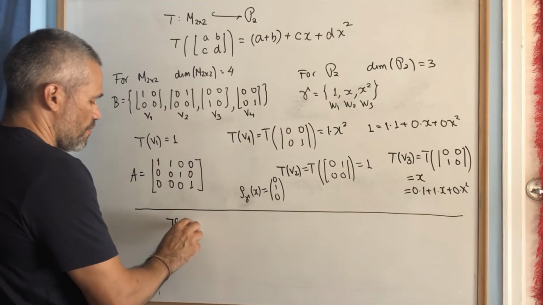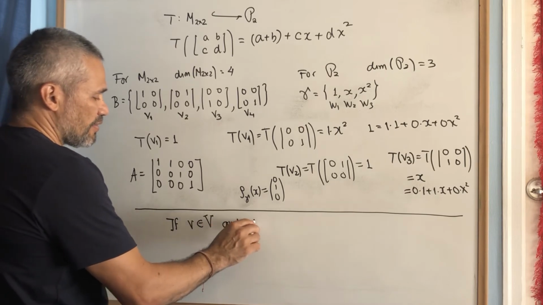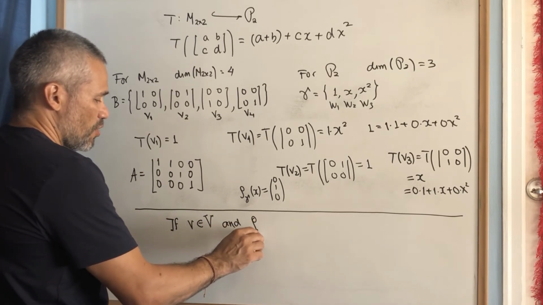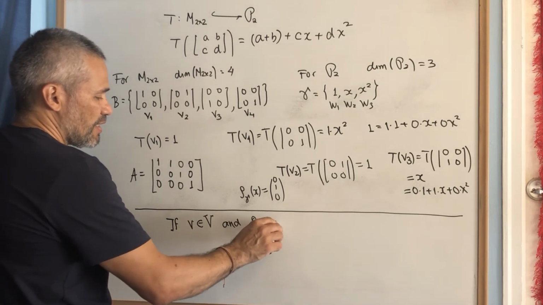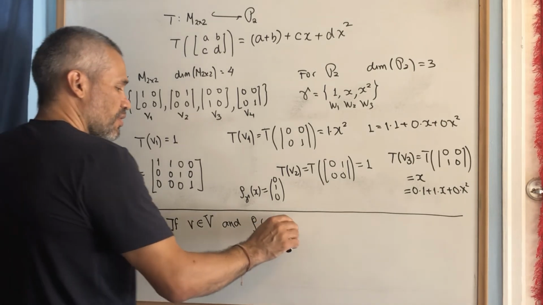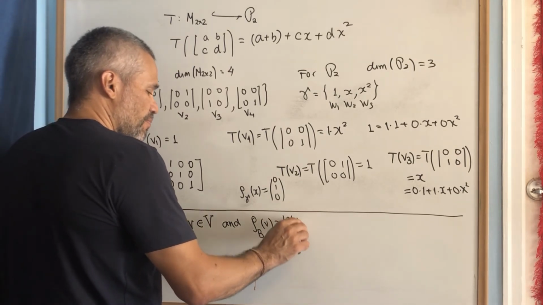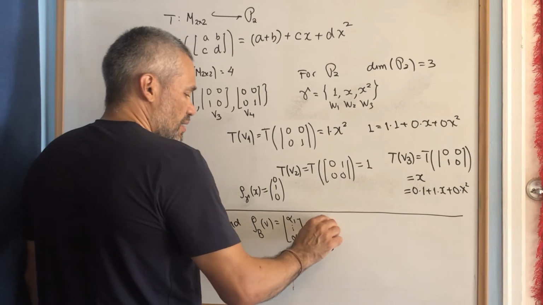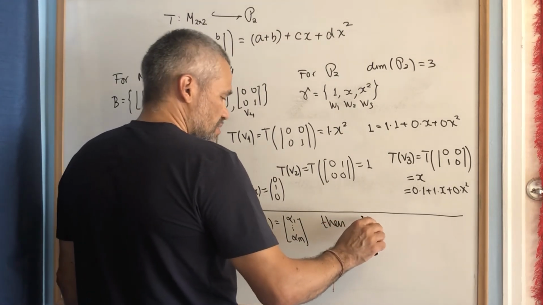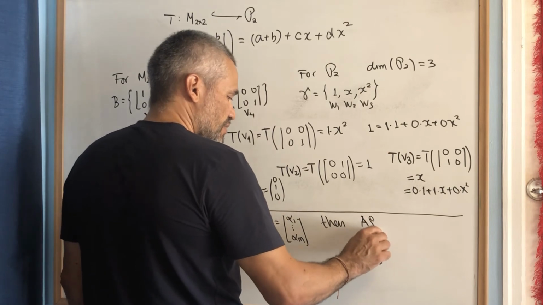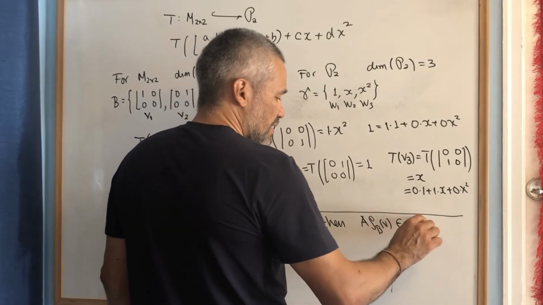If b is in B and the representation with respect to the basis B of little b is the vector alpha 1 up to alpha m, then when I do A times this representation, I get a vector in Cn.